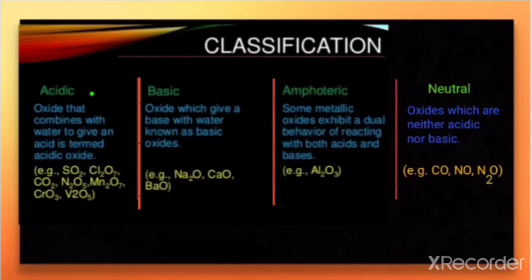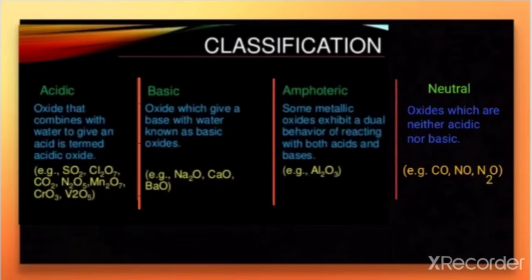First, acidic oxide. Oxides that combine with water to give an acid are termed acidic oxides. Examples are SO2, Cl2O7, CO2, carbon dioxide, V2O5, Mn2O7, etc. We are familiar that non-metal oxides form acids, but there are also metallic oxides which can form acids.